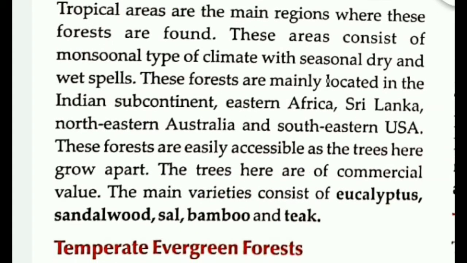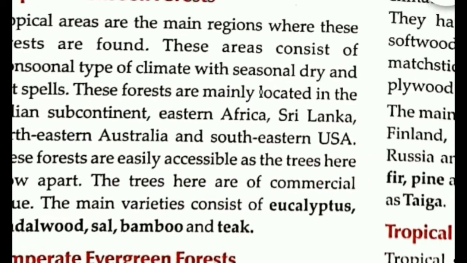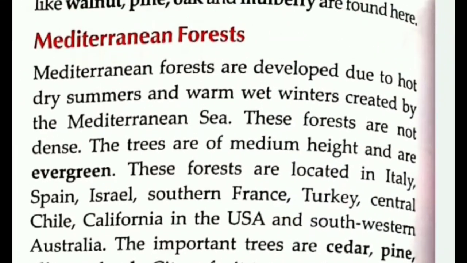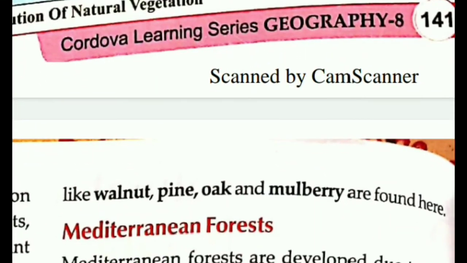With the name, we can understand that these forests remain green for the complete year. Here the temperature is warm, and it lies in the region of southeast Brazil, southern Japan and southern China, the southeast USA and southeast Australia.